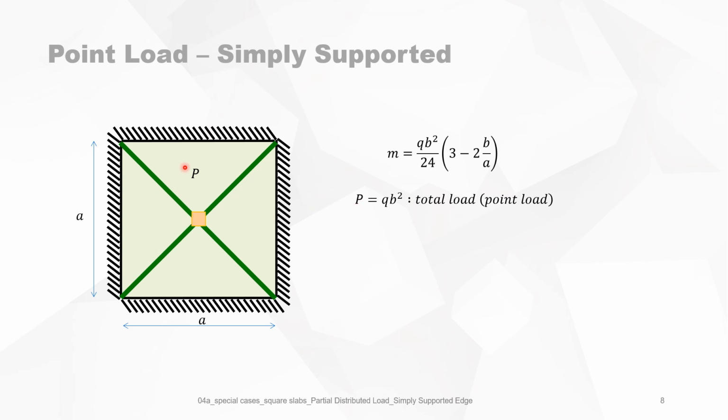We say P, the total load, is equal to Q B squared. So M is P over 24 and so on. And now B is equal to 0, or rather you take the limit. So the limit is 3P over 24, or P over 8. So it's the point load divided by 8.